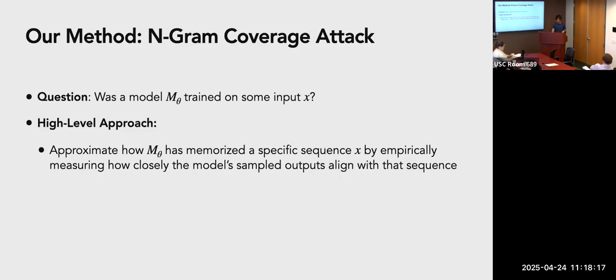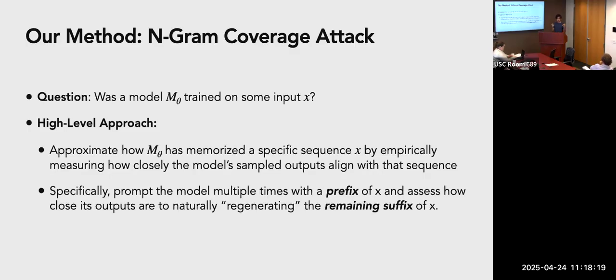So what does that mean? We're going to prompt our model multiple times with a prefix of X, and measure how well the model can reconstruct the rest of X, which it hasn't seen before, naturally regenerating the remaining suffix of X.